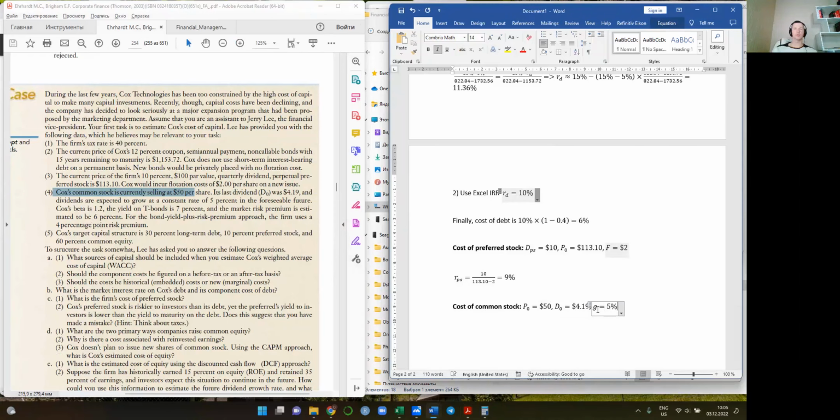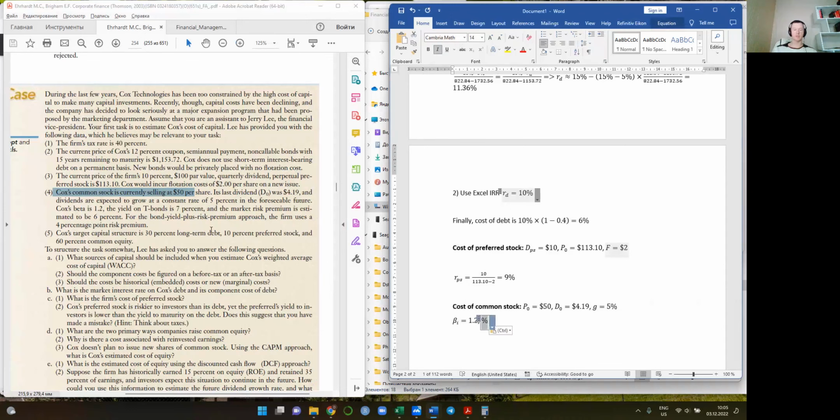So this is for one approach. The other approach: Cox's beta is 1.2. The yield on T-bonds is 7%. The yield on T-bonds is the yield of United States government bonds.